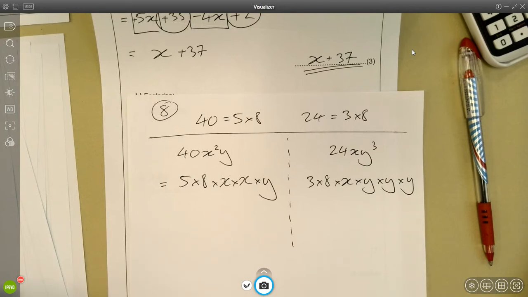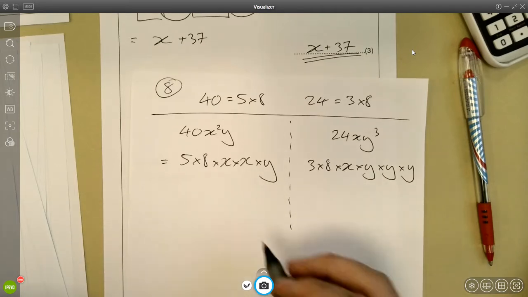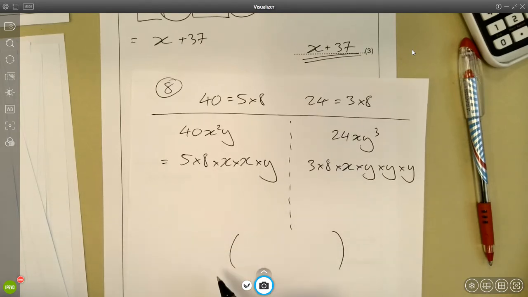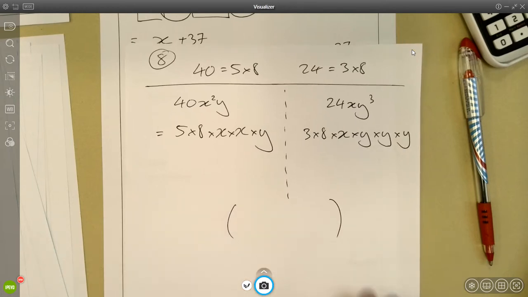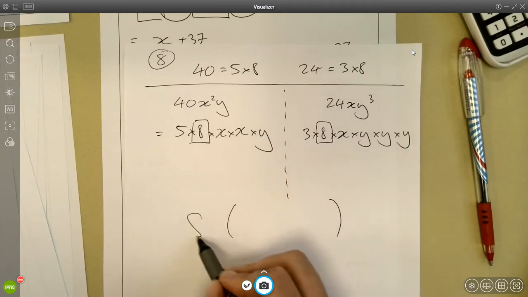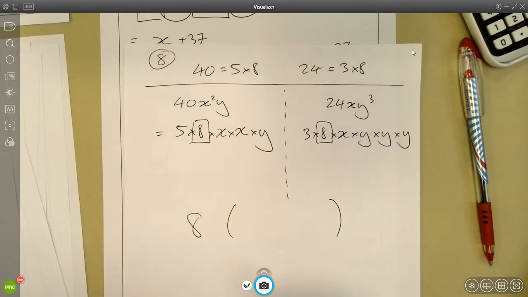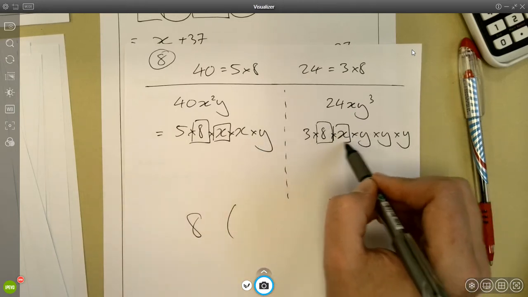Now let's think of things that are common here and think of factors. Let's think of all the things that are common, and I'm going to create a bracket. Things that are common are going to go outside the bracket. We've got 8 common to both. That's going outside the bracket. We've got an x on both sides.